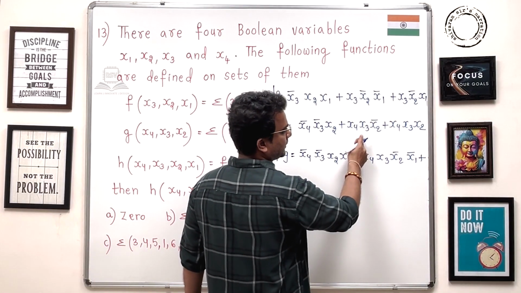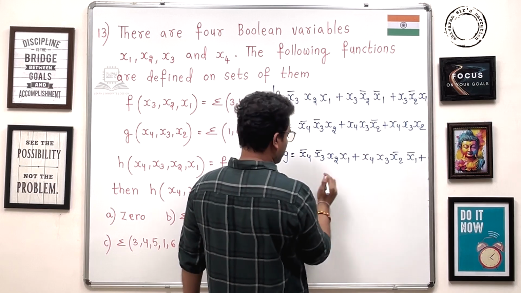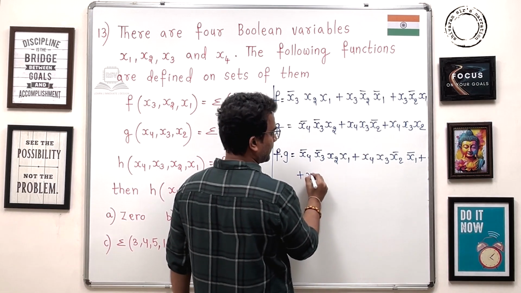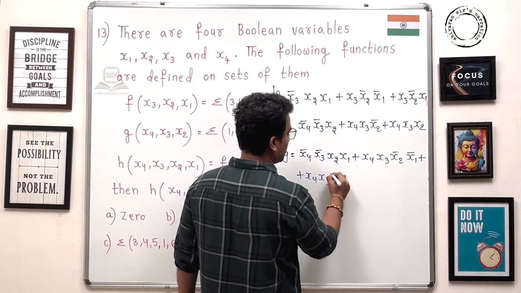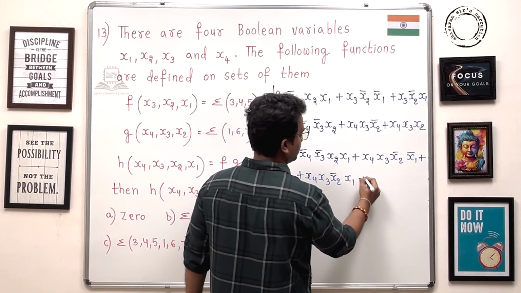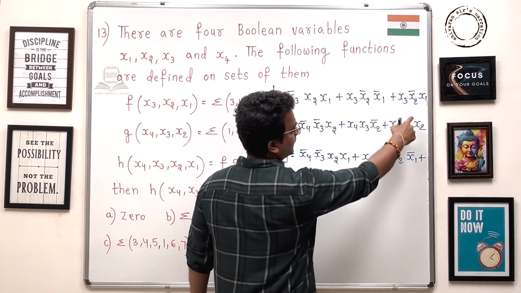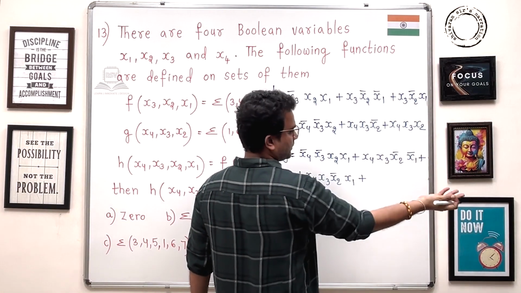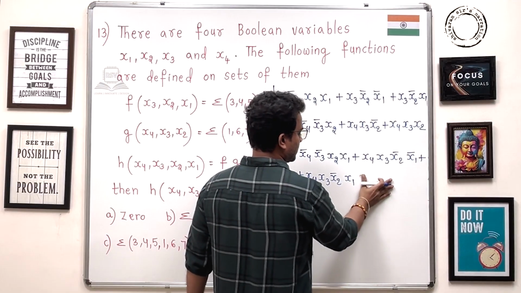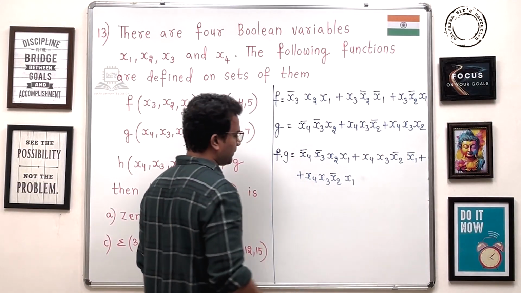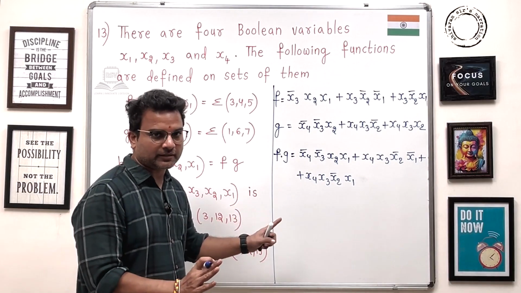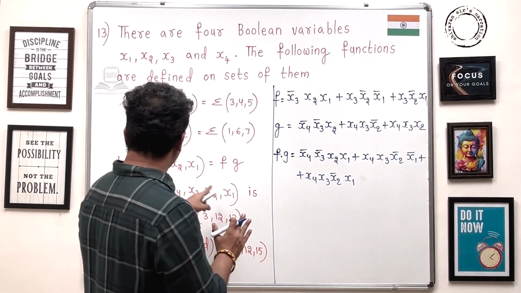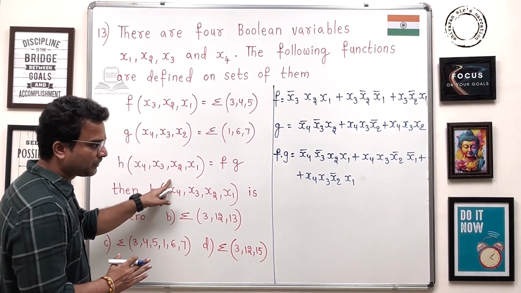This and this, x4, x3, x2 bar, x1, plus again here x2 bar, x2 becomes 0. Hence the f multiplied g expression is this. Finally we got this. Now this will be equal to h only.